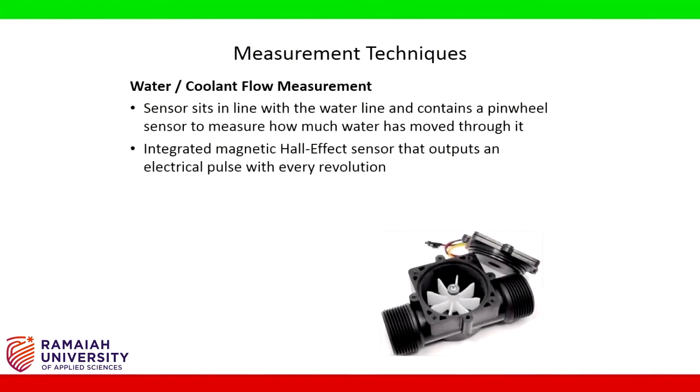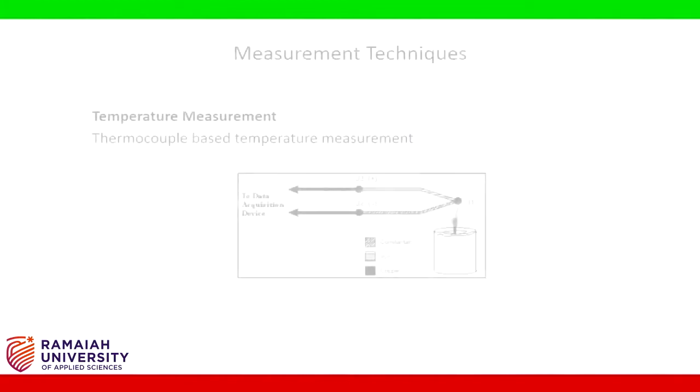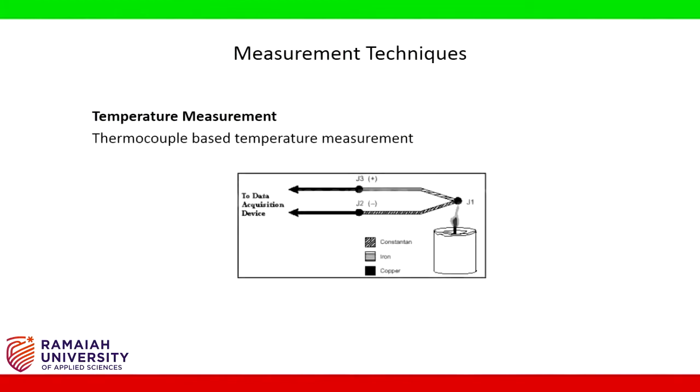Water or coolant flow measurement. The sensor sits in line with the water line and contains a pinwheel sensor to measure how much water has moved through it. Integrated magnetic Hall effect sensor that outputs an electrical pulse with every revolution. Temperature measurement. Thermocouple based temperature measurement.